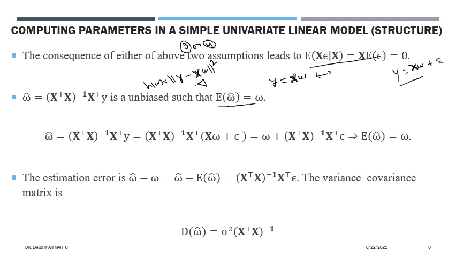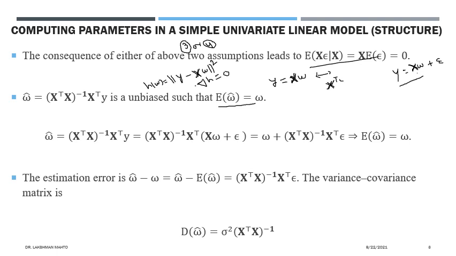If you are willing to find the optimum value of this one, you have to find the gradient and equate it to 0. That equation is similar to multiplying both sides of this linear equation by the transpose of the data matrix, because this one is inconsistent because of the error term.